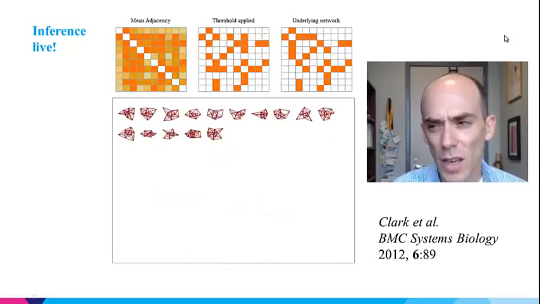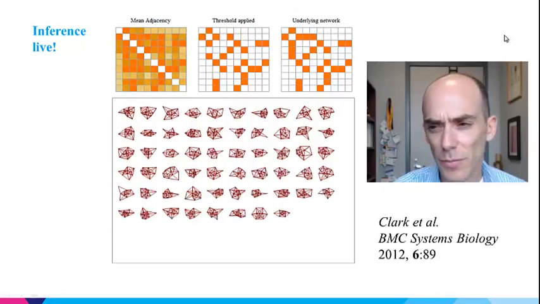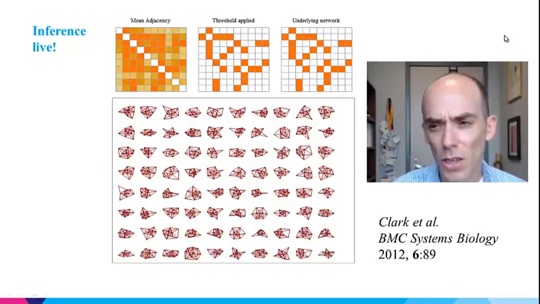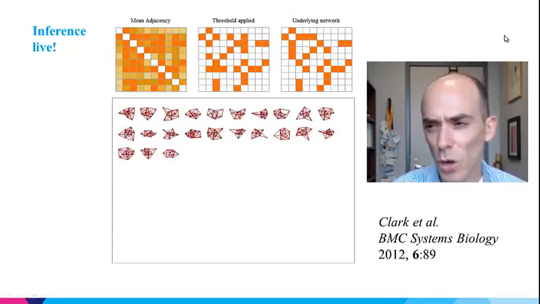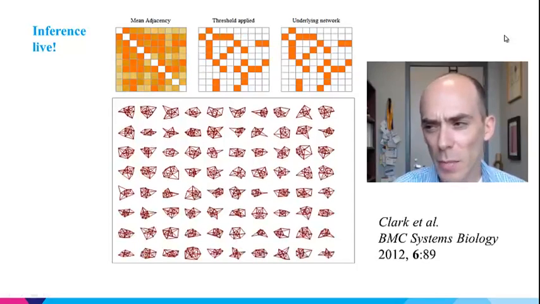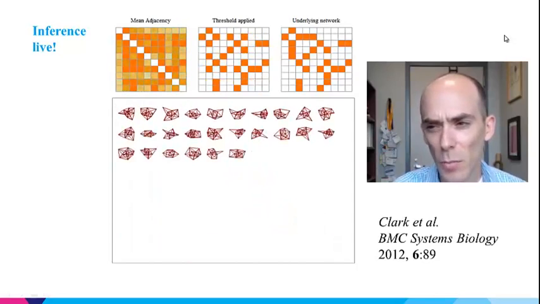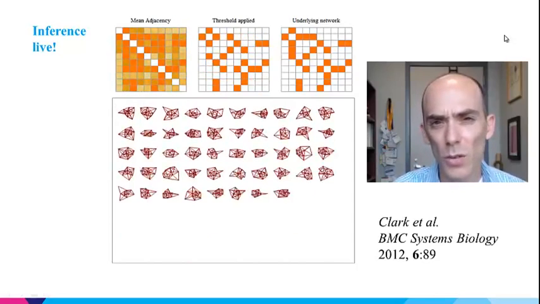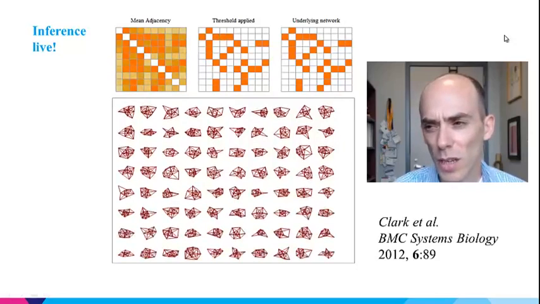Here you can see the network inference process live. On the top right is the network from the previous slide. We want to infer this network. On the top left is the matrix that represents the number of times a link appears between a pair of nodes in those small random networks that are consistent with the data.